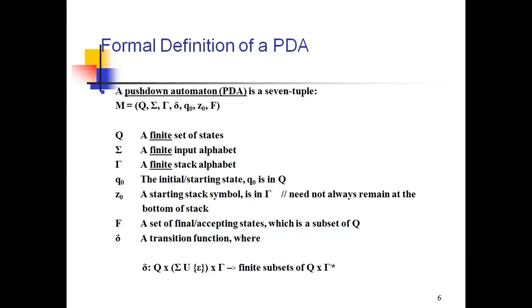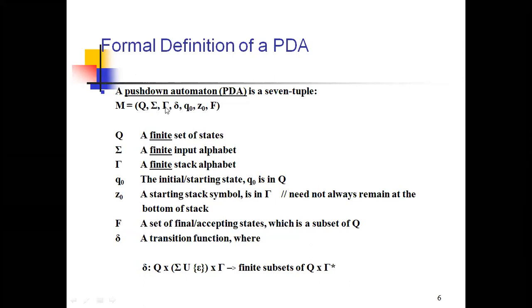And what are the 7 tuples? Q, sigma, tau, this is the tau symbol, delta, the transition mapping function, q naught, z naught, F, right?